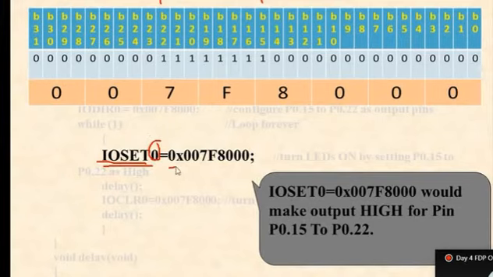So my code is 0x, meaning hex number, 007F8000. I am using this data to turn on LED P0.15 to P0.22. Set means 1, so these LEDs will turn on, and if you write 0 here, it will not affect those pins.